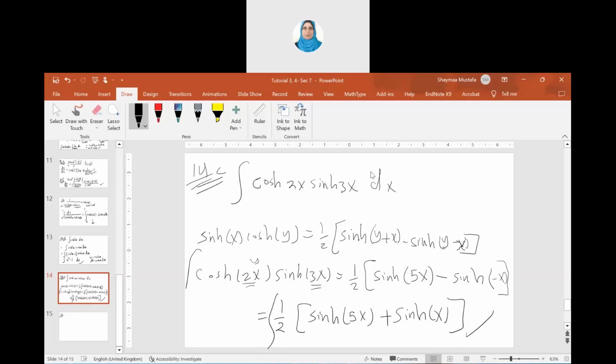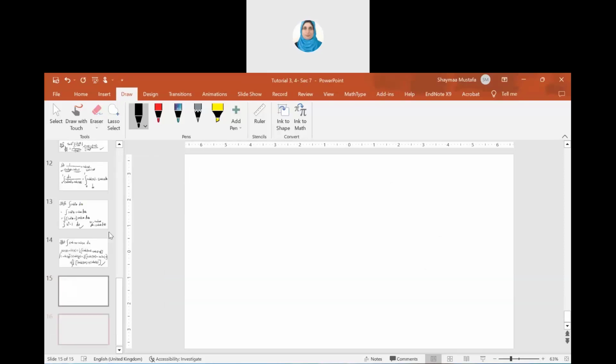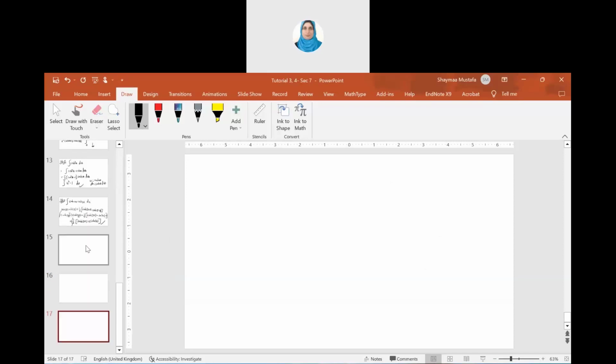Now 15f, the integral of 1 over x squared sine 1 over x dx.